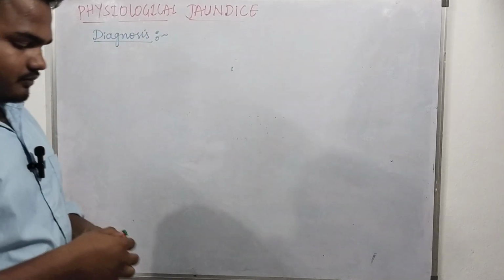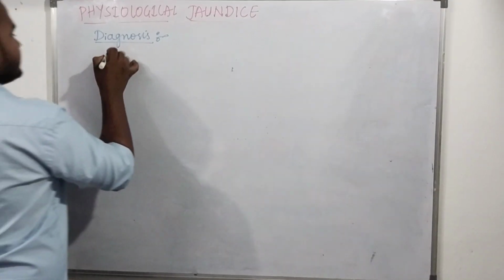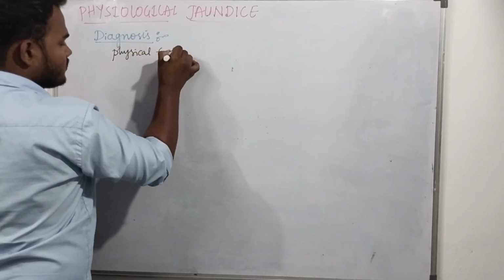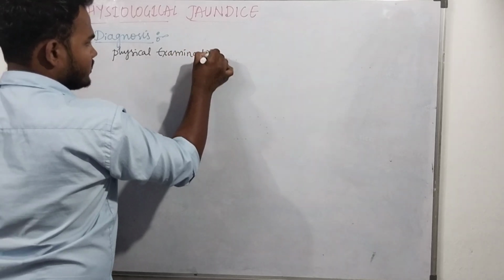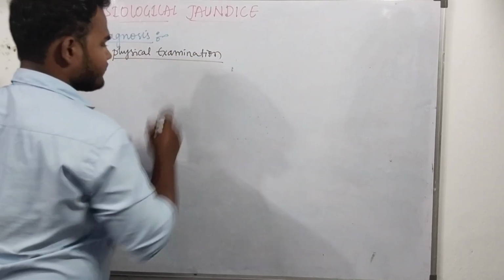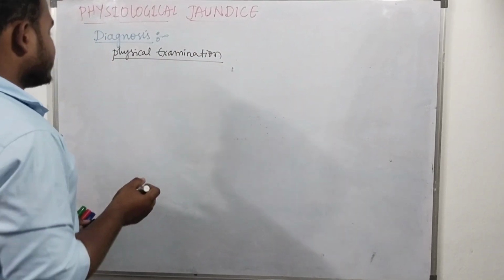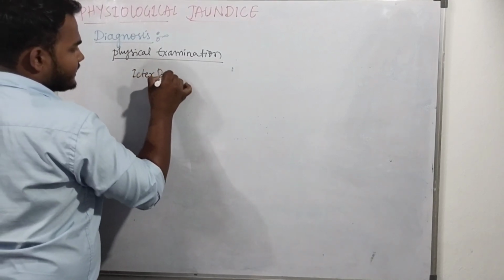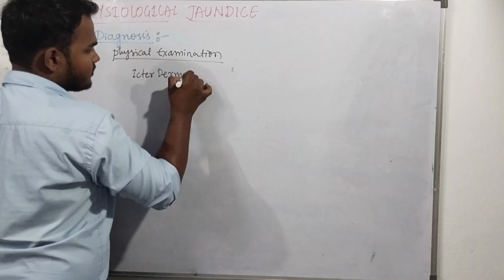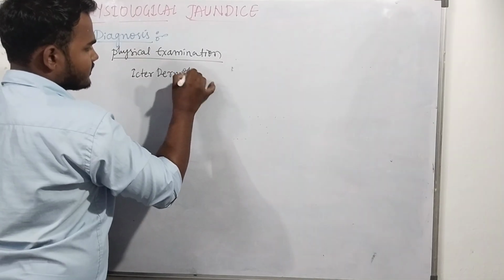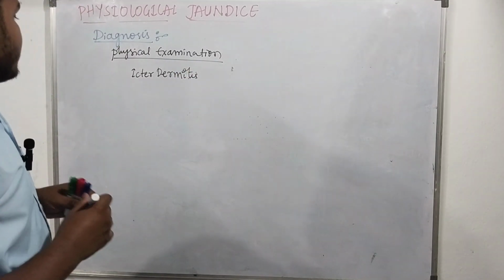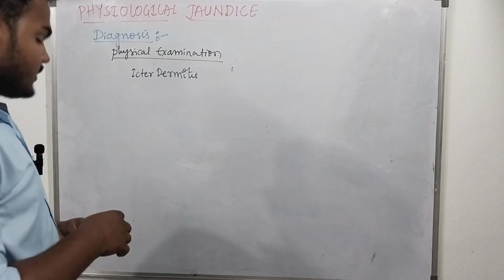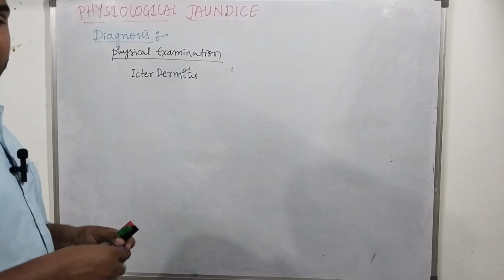One we can take by physical examination. In physical examination, on inspection, there is dermal ectorus. This is a scale to measure the physiological jaundice, the jaundice which is present in the body.